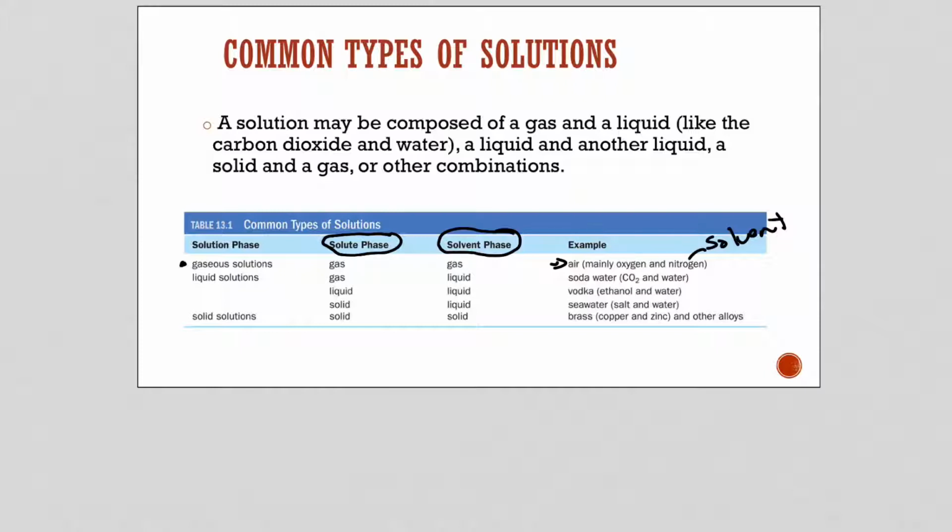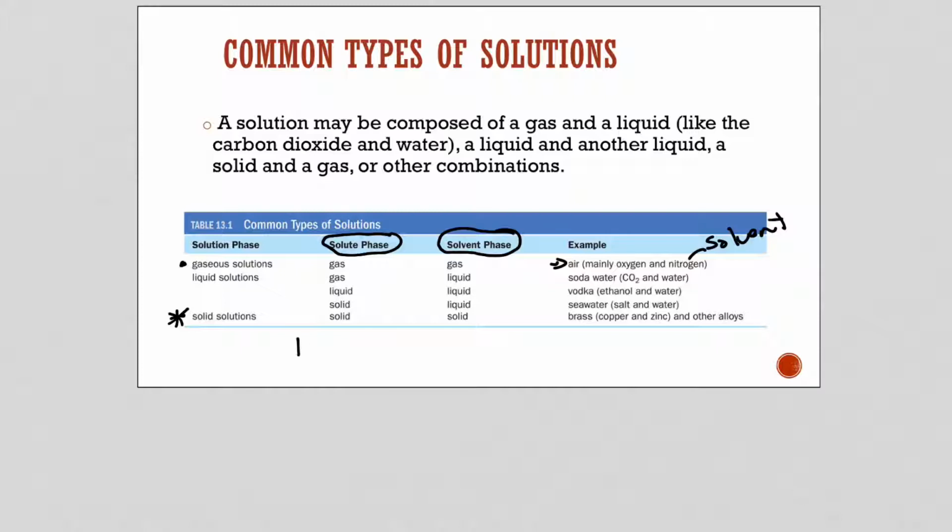Now, there is one other type here that we'll mention, and this is what we call a solid solution. But we have to be a little bit careful when we think about a solid solution, in the sense of how these materials are actually combined. So in a solid solution, both the major component, the solvent, will be a solid, and also the solute will be a solid.